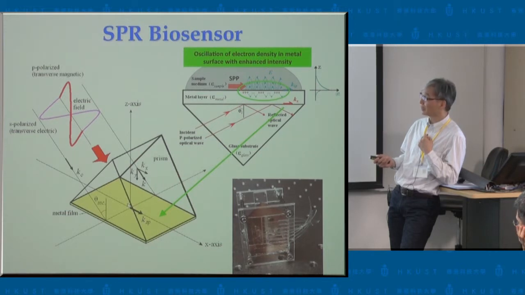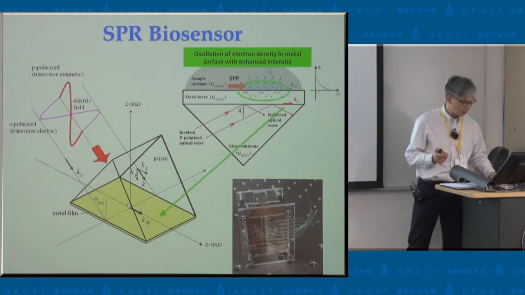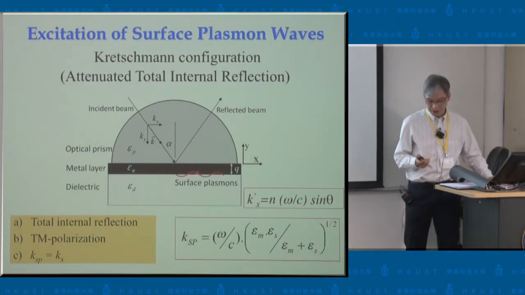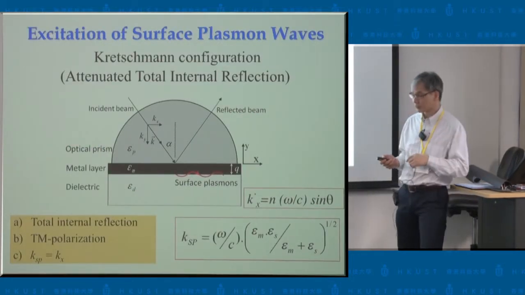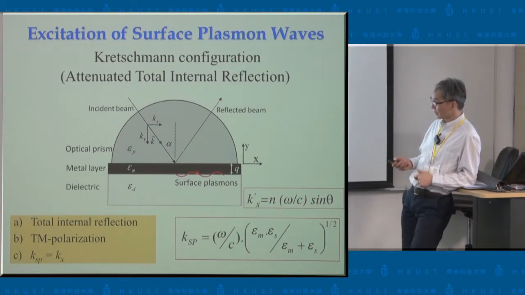So it's basically a coupling prism scheme that guides the surface plasmon polariton on the surface, and therefore you get enhanced field on the surface only, and then it interacts with the target molecule and then gives you signal. Now that is a resonance effect.